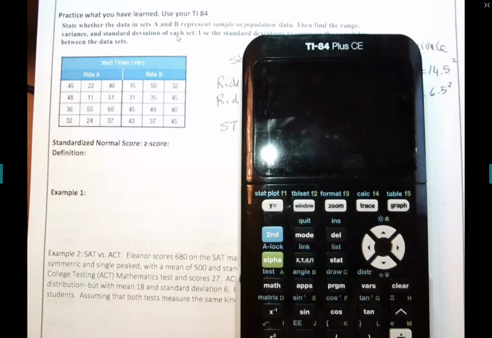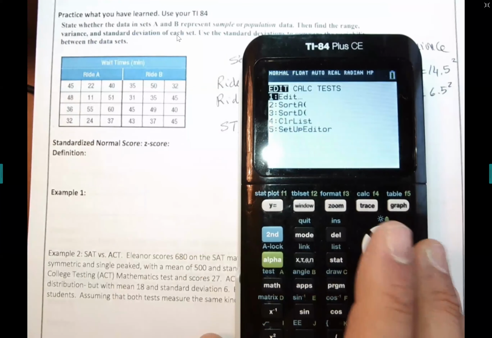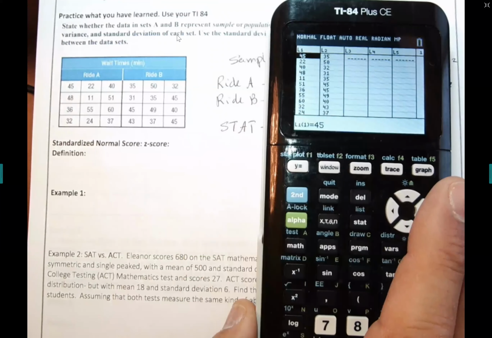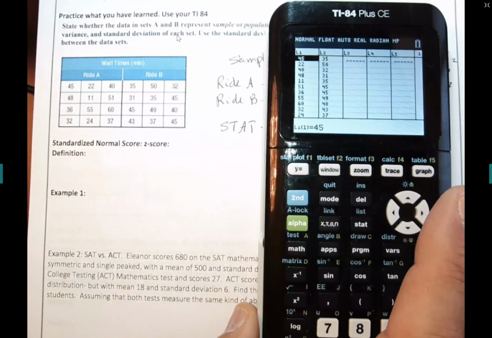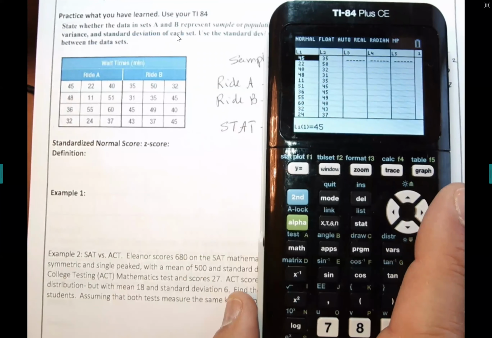Let me show you. Now they're both in 2 different sets, L1 and L2. I had to step away from it and wasn't looking at the screen. With technology, guys, things do happen. You have to be very, very careful.